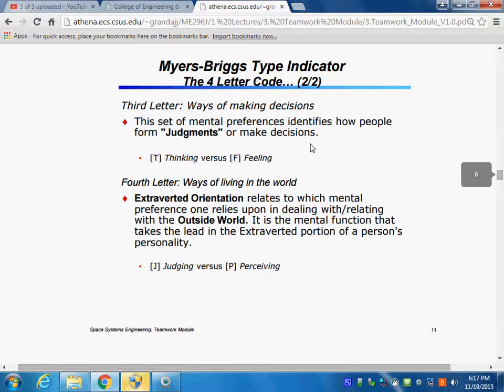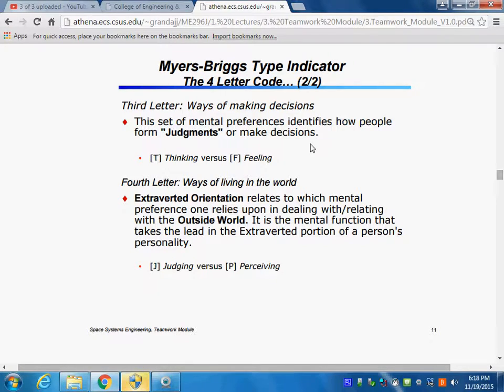The third letter is the ways you make decisions. This is a set of mental preferences that identifies how people form judgments. Do you think about something or do you feel about something, and that's how you make decisions? I don't think all the things I'm saying are like a switch, either this way or the other way.